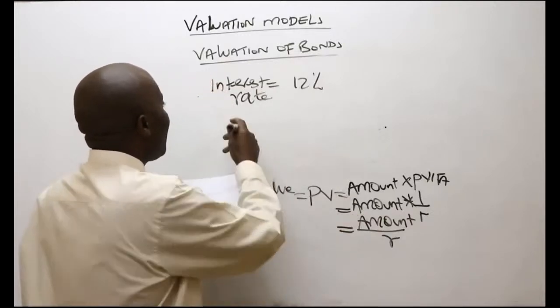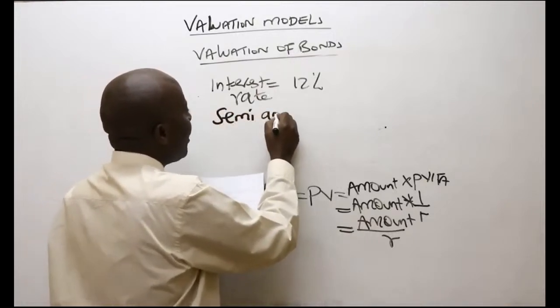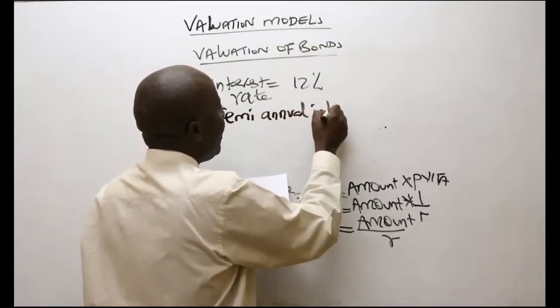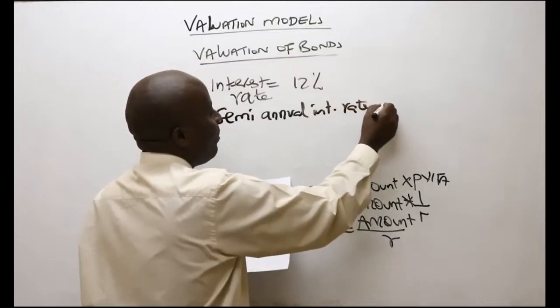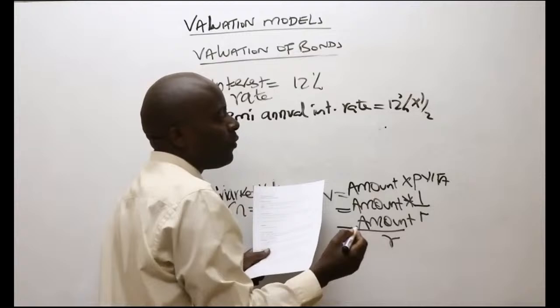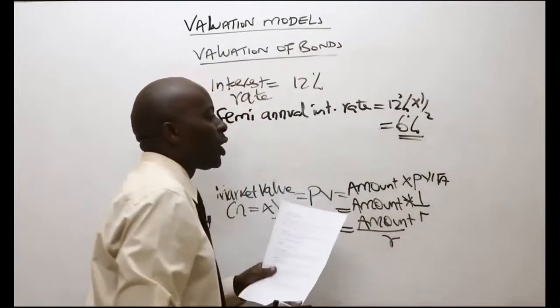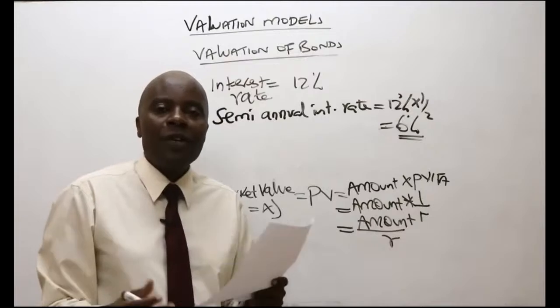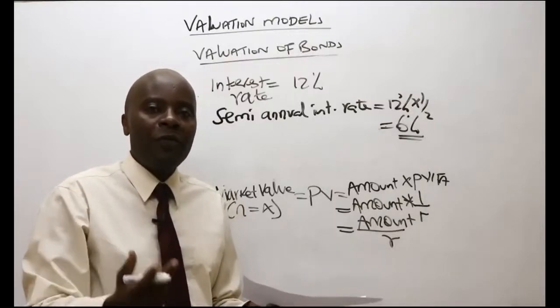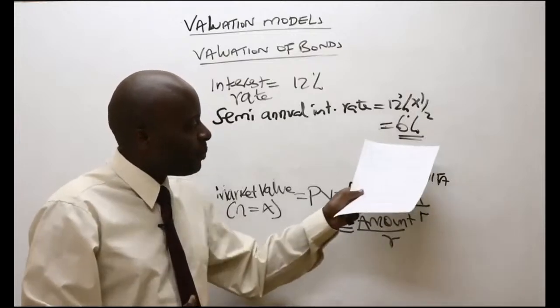So give us the semi-annual interest rate. Semi-annual, that is a half of a year. So a half of 12% gives us 6% every 6 months.